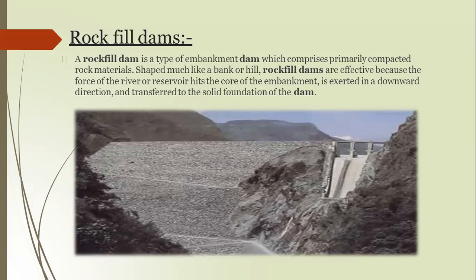Those pieces of rock have more density compared to your earth embankment dams. Because heavy rock materials are used, there is self weight, and because of that self weight and the trapezoidal shape, the pressure exerted by water is transferred to the foundation, and that's why the stability of these dams is more compared to earth embankment dams.